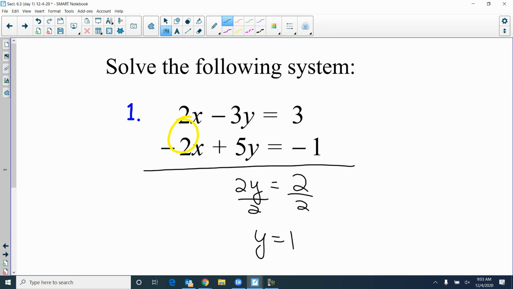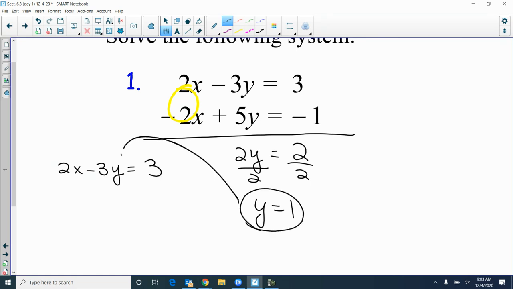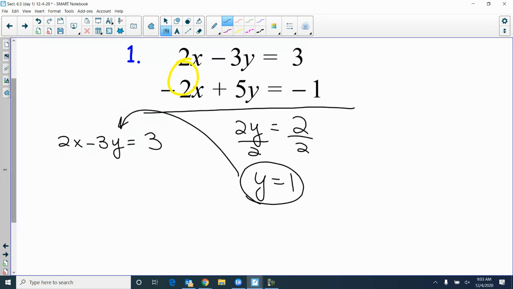Now, it doesn't matter which one. One might be easier than the other, not necessarily all the time. I'm just going to pick the first one, which is 2x minus 3y equals 3. Take y equals 1, plug it into there. And so I get 2x minus 3 times 1 equals 3.